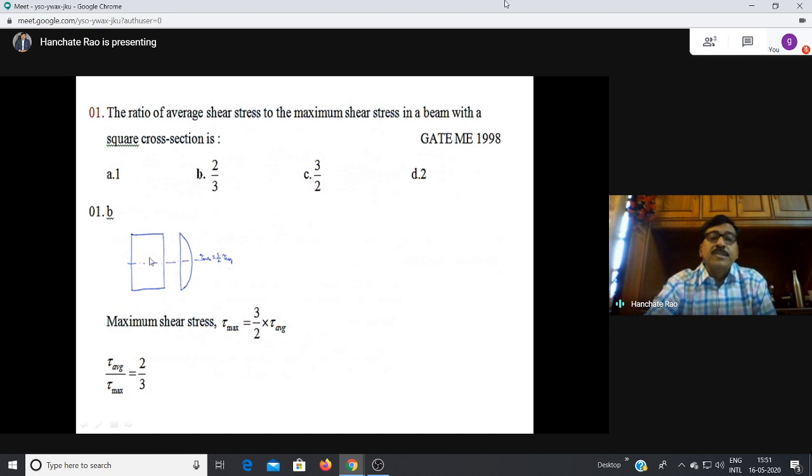The maximum shear stress occurs on the neutral axis, which is equal to 3 by 2 times the average shear stress. So he is asking for the ratio of average shear stress to maximum shear stress. It will be the reverse of 3 by 2, it is 2 by 3. Tau average by tau max is equal to 2 by 3. Tau max is equal to 3 by 2 times tau average.